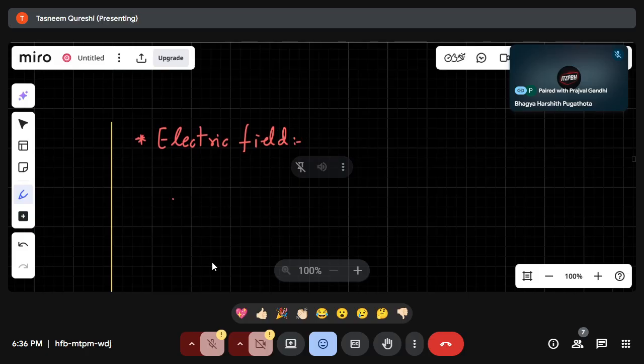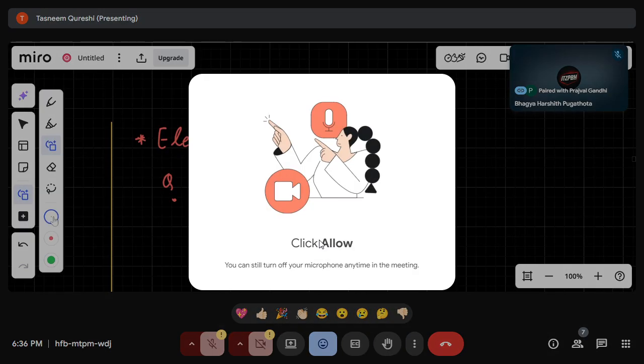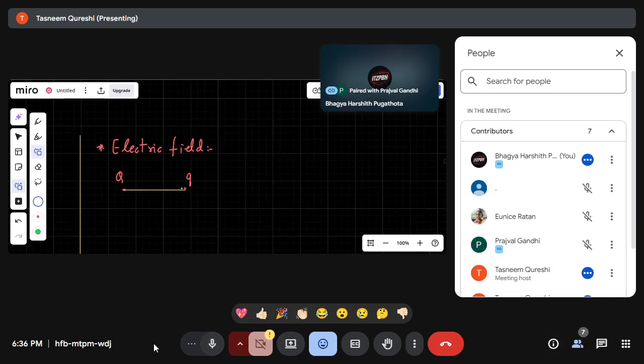These are your two charges. One charge's name is capital Q, and the other one is small q, and this is the line connecting them, and this distance between them is say small r.